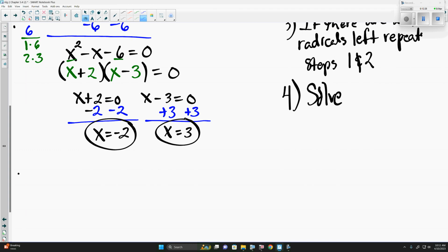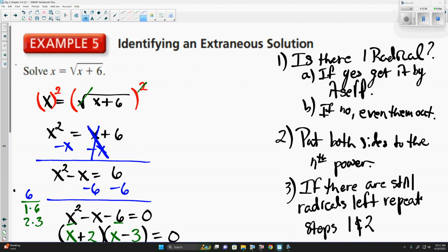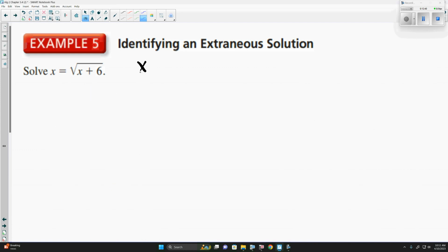We have this here. Any questions on any of this so far? Now, before we move on to the next one, we do need to check and make sure that these work. Negative 2 and 3. So we can try negative 2 first. If I plug it into the equation, we'd have negative 2 is equal to the square root of negative 2 plus 6.